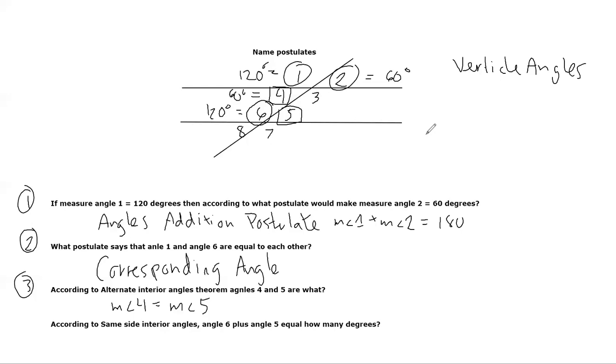Well, how can I prove that? Well, measure angle 1 and measure angle 4 are on the line, right? And a line is 180 degrees. And if I were to add 120 and 60, I get 180 degrees. Which means that I've just proven that measure angle 4 really is 60 degrees.